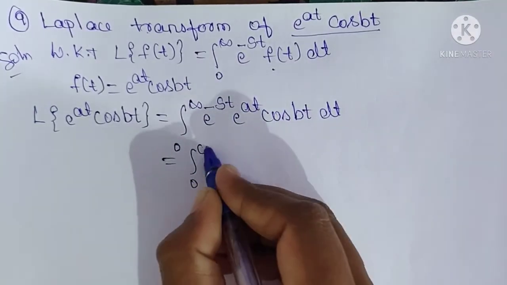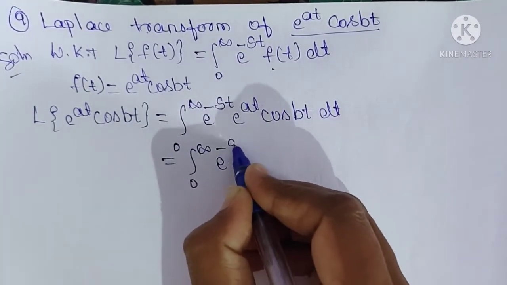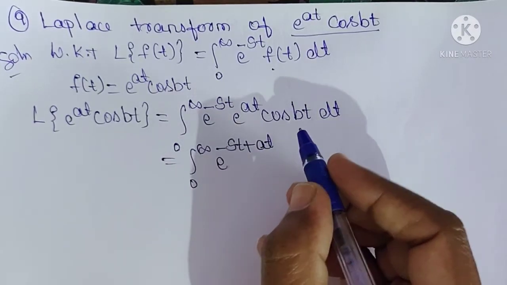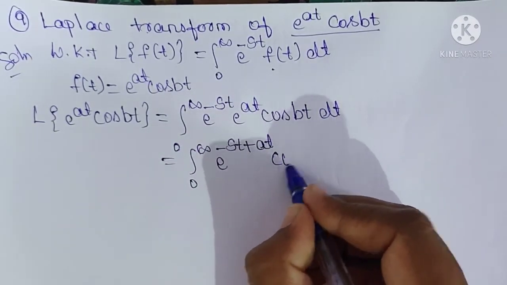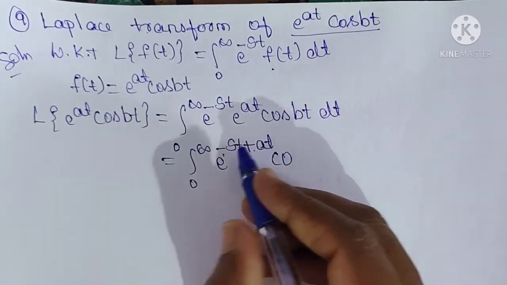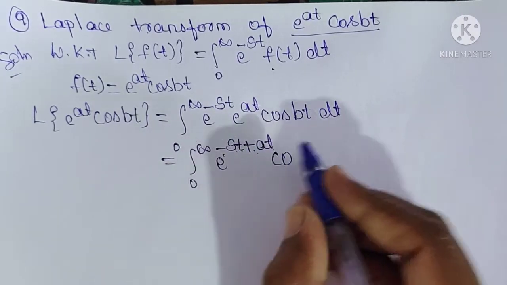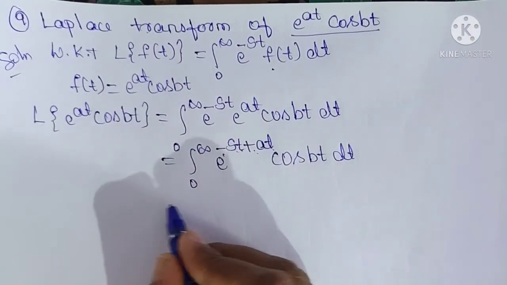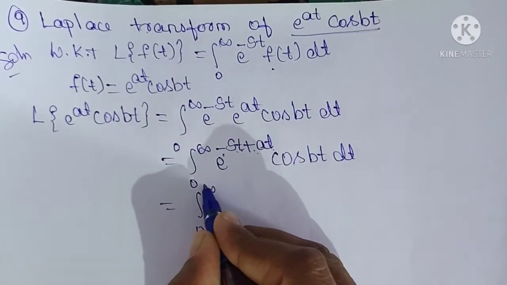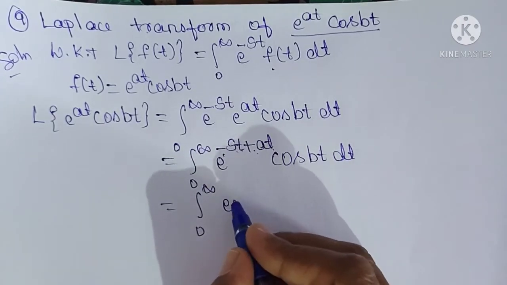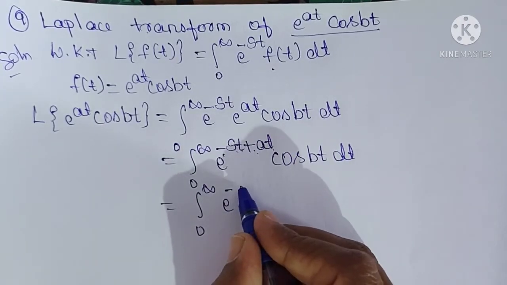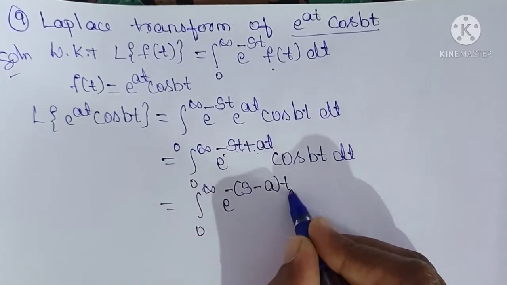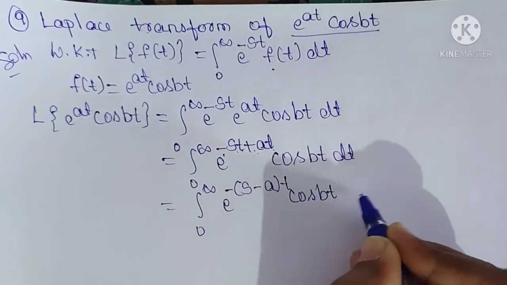Integral from 0 to infinity e to the power of minus st plus at. If the bases are the same, we can add the powers. That is minus st plus at, cos bt dt. Here you take minus t as a common factor. E to the power of minus (s minus a) t cos bt dt.